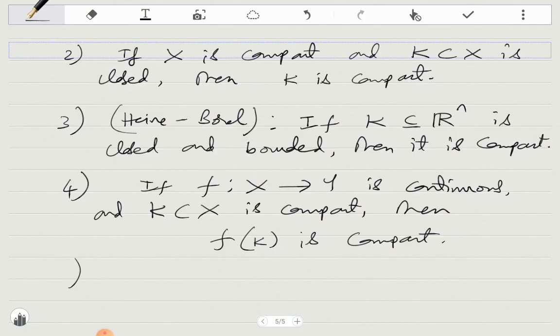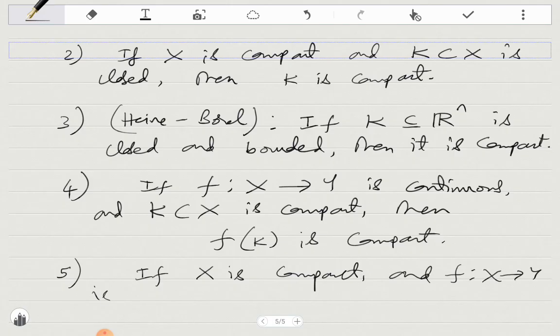And the fifth thing is that if X is compact and f from X to Y is continuous, then f is uniformly continuous.